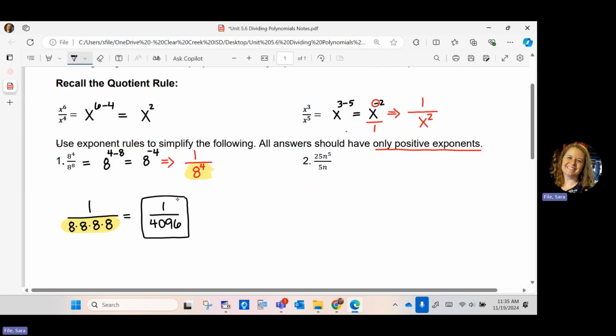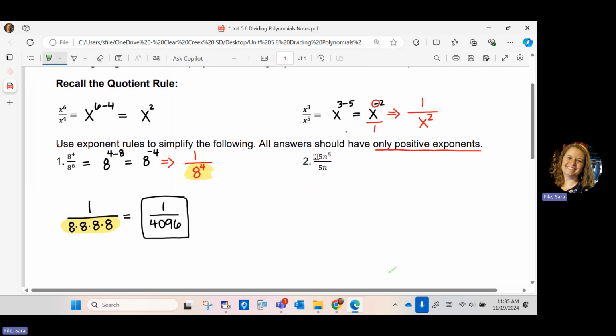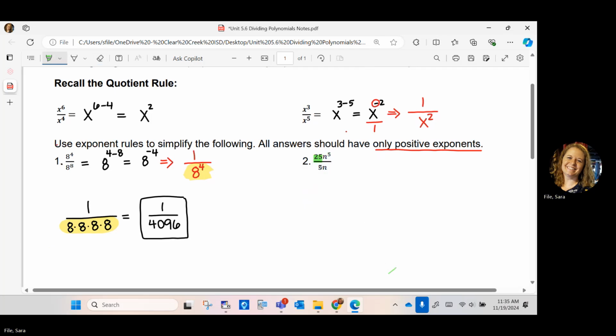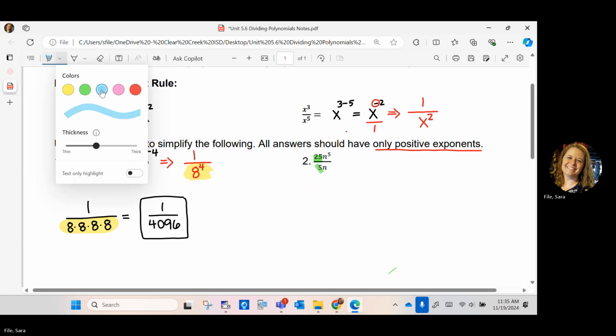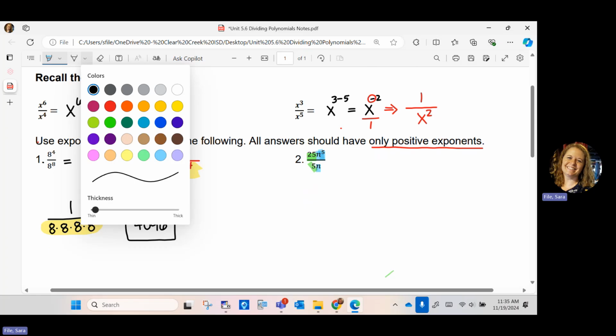All right, let's try number 2. In this one, I'm going to group together because it's not just a single value. We've got the 25 and the 5 as the coefficients, and then n to the 5th and n as our variables with the like base.